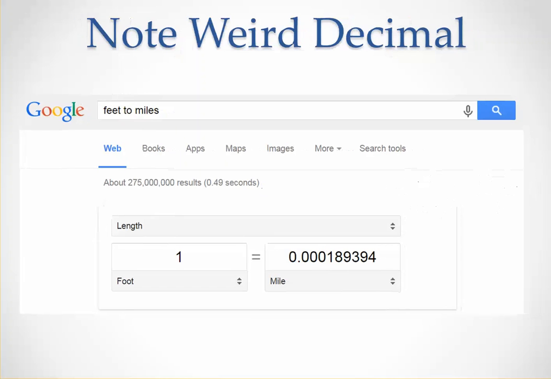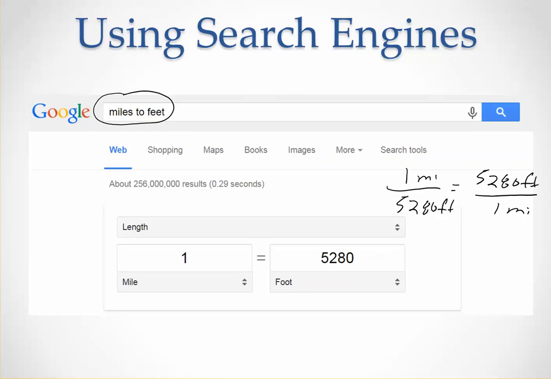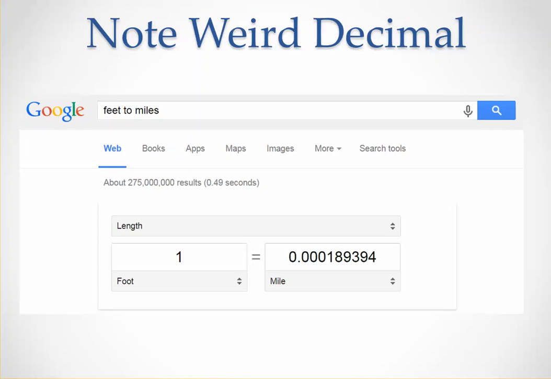Now, sometimes when looking for a conversion factor, in the previous one, let me go back to that, we were going miles to feet, and this gave us a nice number. And by a nice number, I mean something easy to work with. But if I typed in feet to miles, you will see that I get kind of a weird looking decimal.